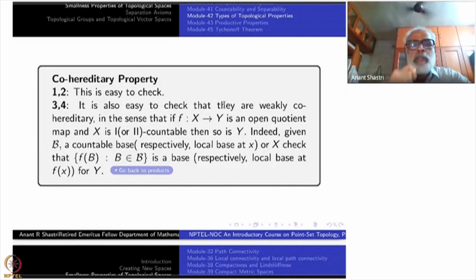Whether you do it for second countability of the whole space or even at a point, the proofs will be more or less the same. So I will prove it this time for first countability: a space which is first countable, but the quotient is not first countable. Quotient means a general quotient, not an open quotient. An open quotient will be first countable.